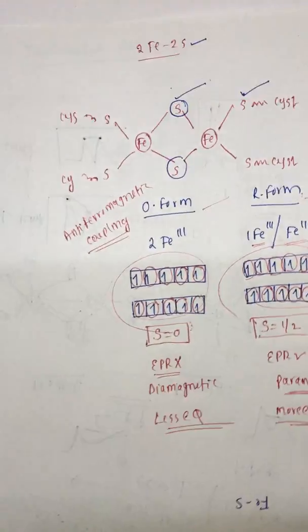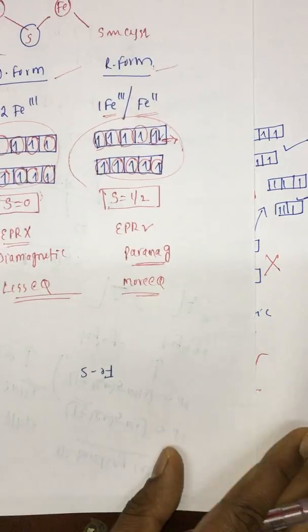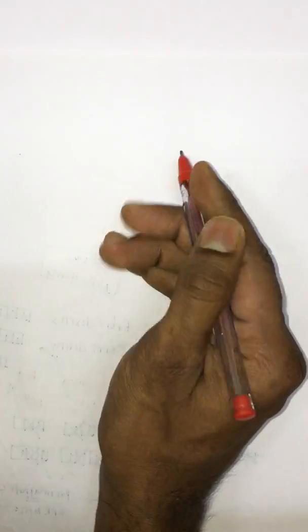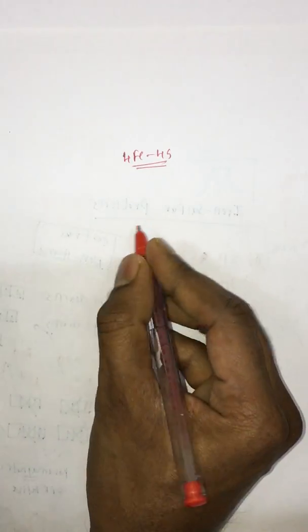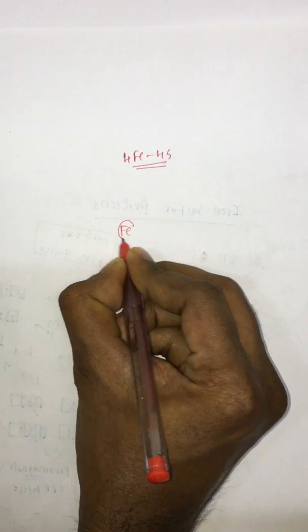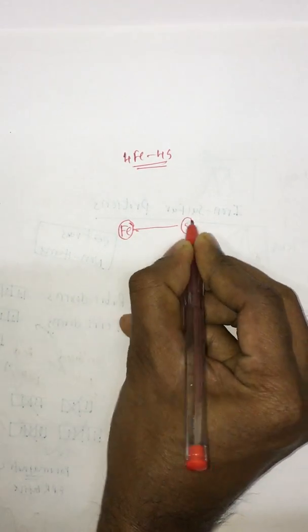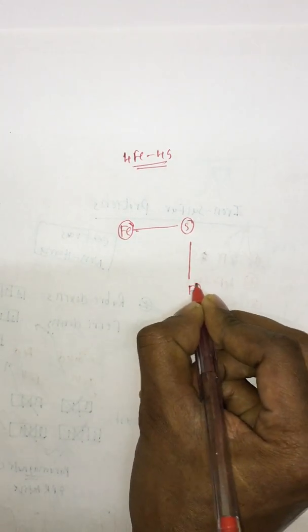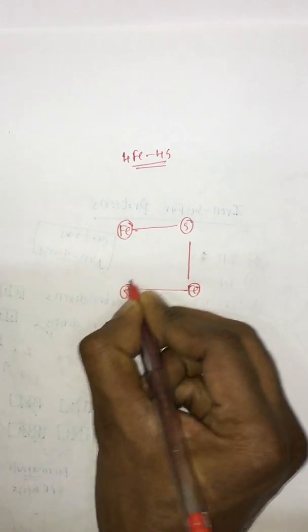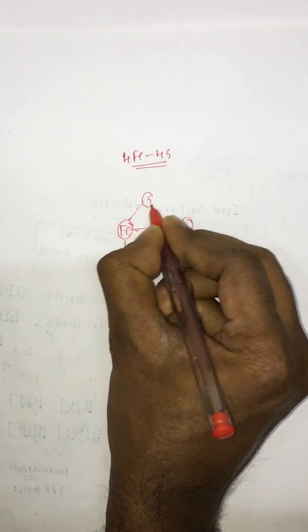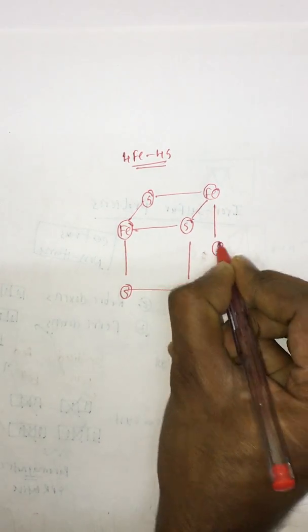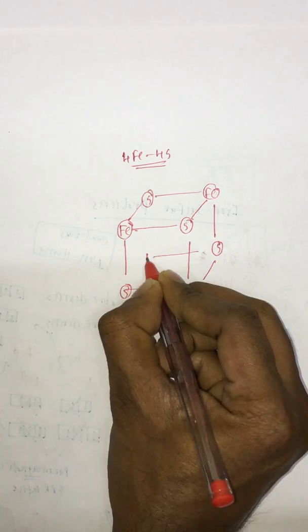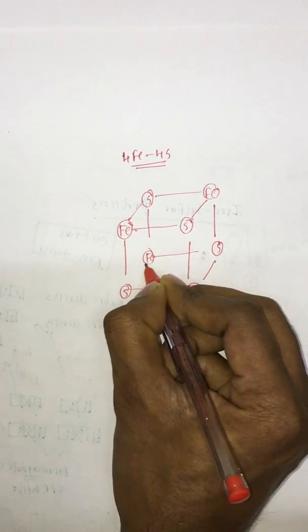Next we have the 4Fe4S unit. They are arranged in the cubic form: Fe, sulfur, Fe, sulfur, sulfur, Fe, sulfur, Fe.